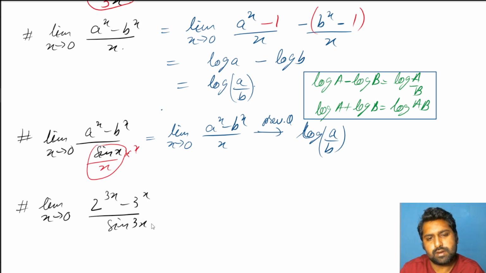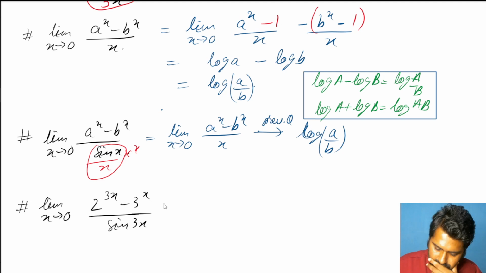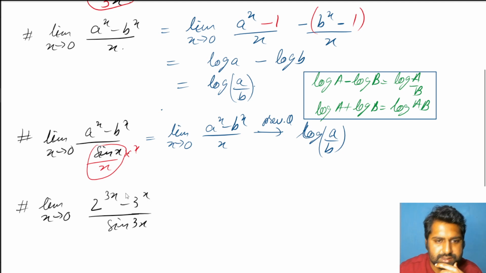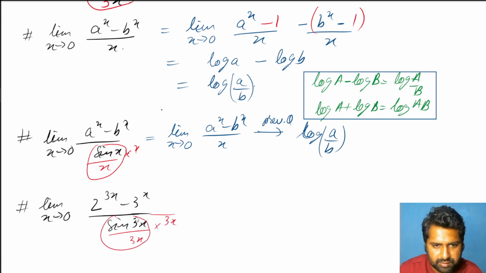Tricky. What will you do? This time again, the idea is still regarding the breaking of this. First of all, let's adjust with this sin 3x. So 3x divided by 3x multiplied by 3x. This particular limit becomes 1.